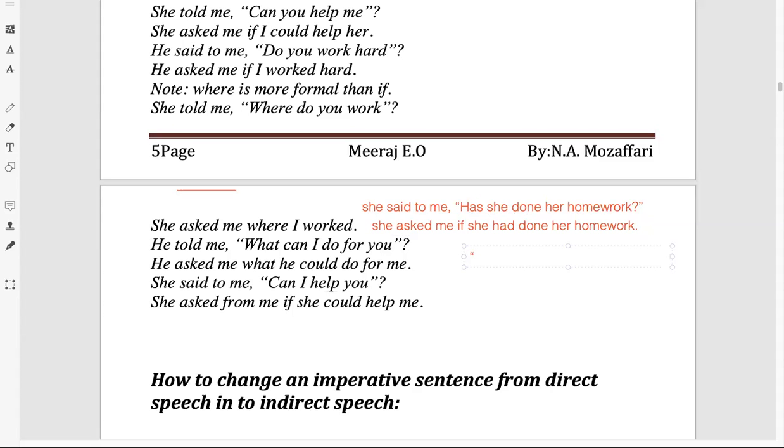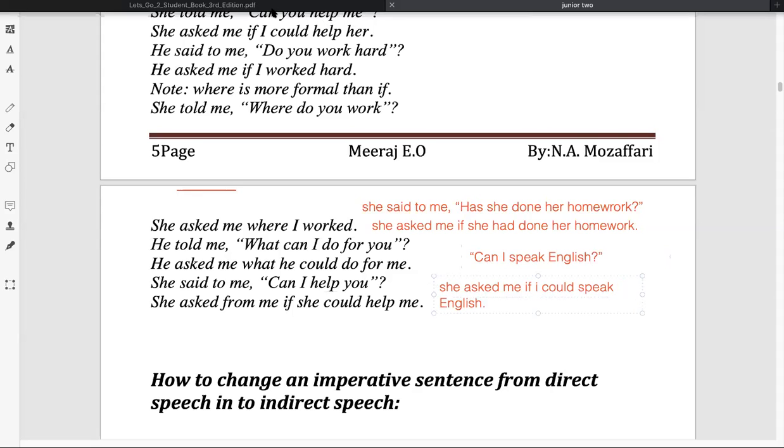Another example. Can I speak English? She asked me, no, you say she asked me if I could speak English. If I could speak English.